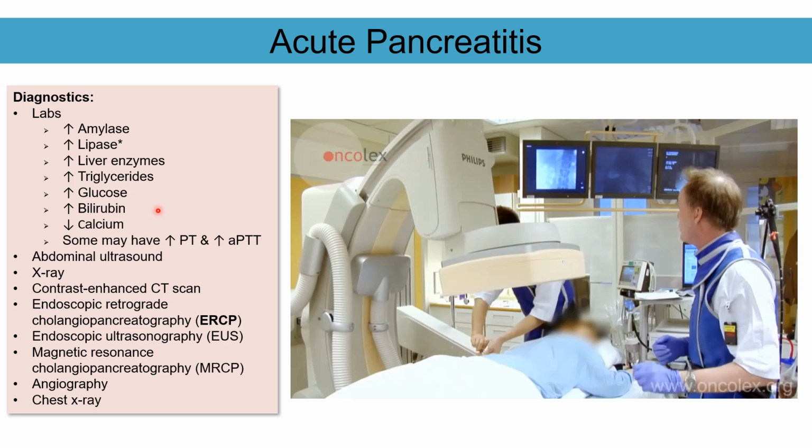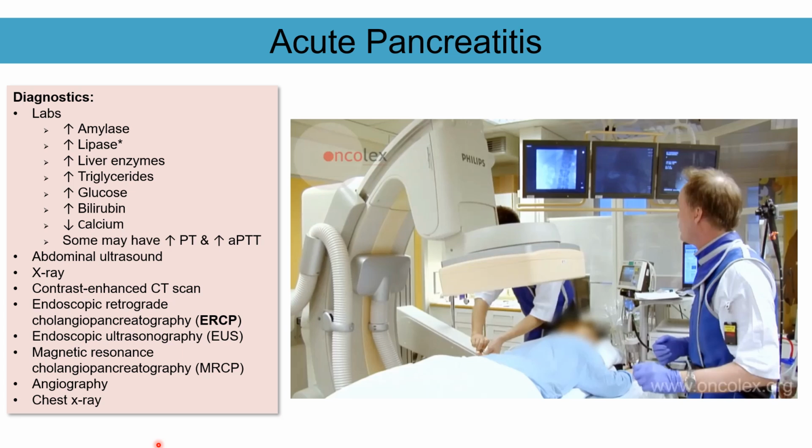The body isn't going to be able to get insulin, so their blood glucose is going to rise. Elevated bilirubin, decreased calcium. Some patients, if they have liver involvement, will have increased bleeding time, so increased PT and APTT. Abdominal ultrasound, X-ray, CT scan, something called an ERCP. All of these things can be done to diagnose acute pancreatitis.